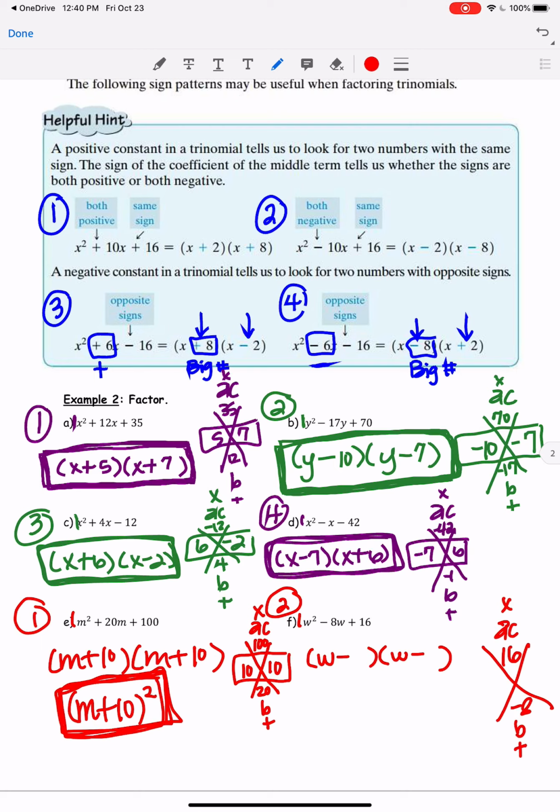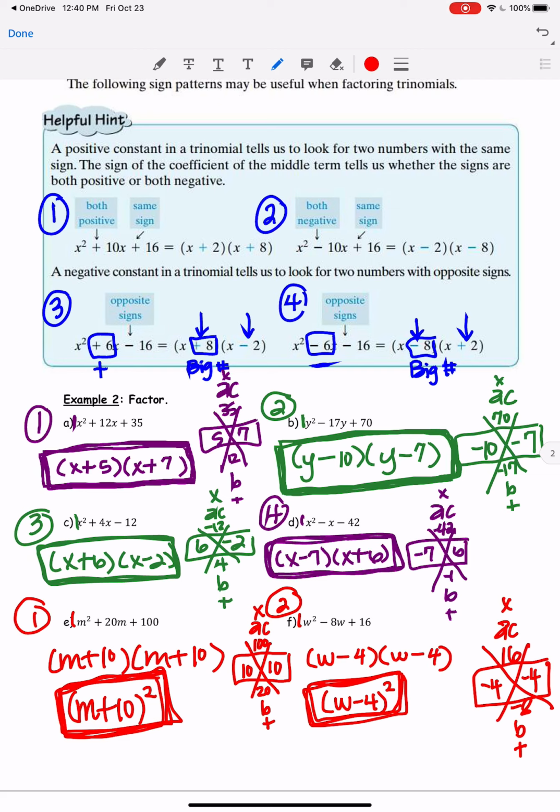So what adds up to negative 8 but multiplies to a positive 16? And that's going to be negative 4 and negative 4. So w minus 4, w minus 4. So same thing. We need to condense that to w minus 4 quantity squared.